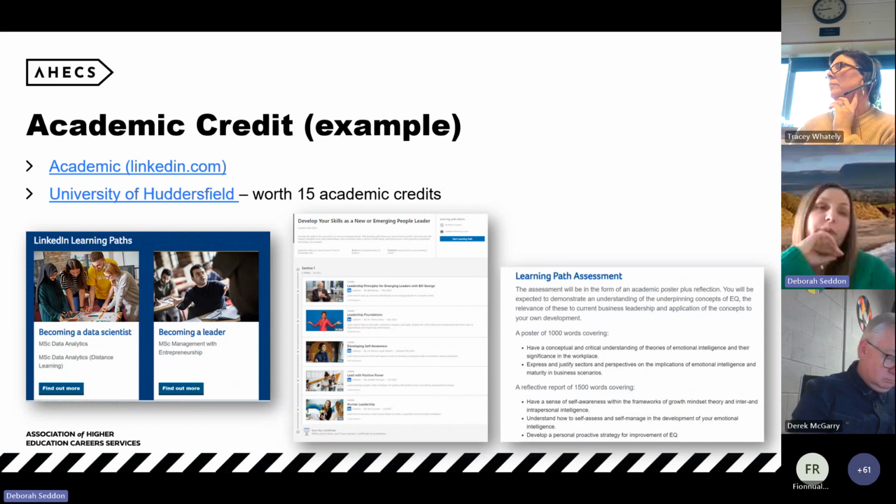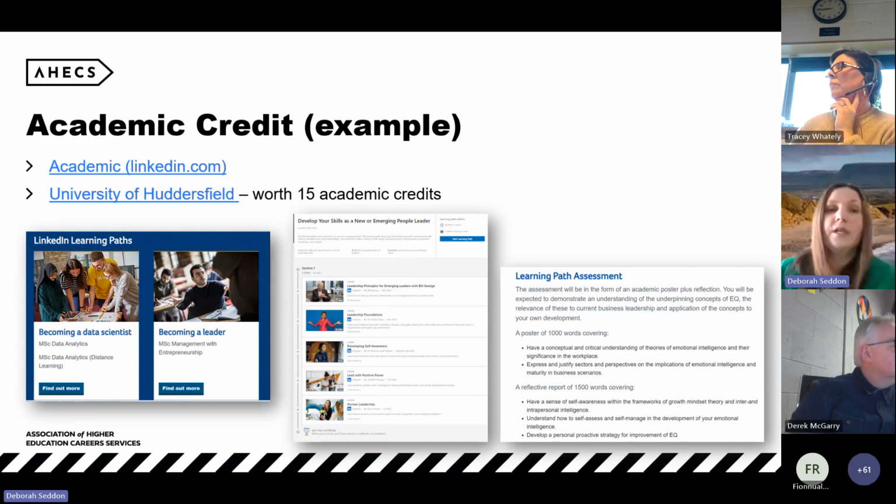They've established learning paths or content that they feel they can endorse, and that is part of an assessment process, where the learning outcomes from that content are assessed however they choose, and they assign credits to it.